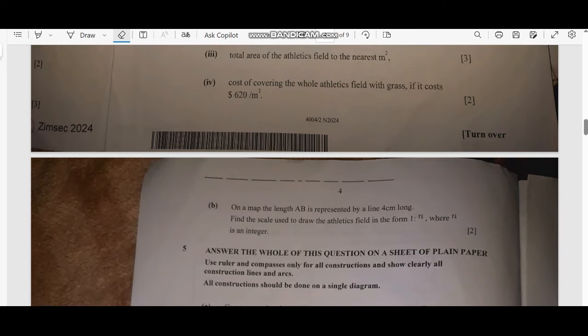All right, then the next question says: the cost of covering the whole athletic field with grass if it costs $620 per square meter.